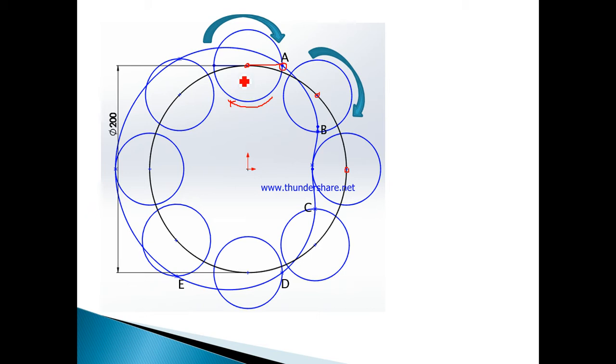When this small circle is moved from this position to this position, by that time the point A is rotated minus 90 degree and it has reached position B. And when from this position it is coming to this position, then that point B is shifted here, which is minus 180 degree.